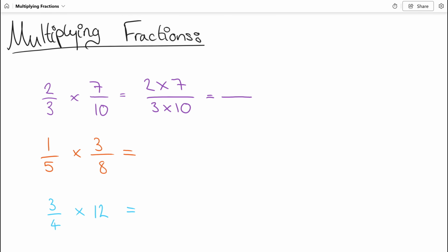So 2 times 7 is 14, 3 times 10 is 30, and that's literally how you multiply the fraction. 14 and 30 are both even, so we know that it has a common factor of 2. So this can be simplified. If we divide the top and bottom by 2, you get 7 over 15. And that is the simplified answer. And it's as simple as that.